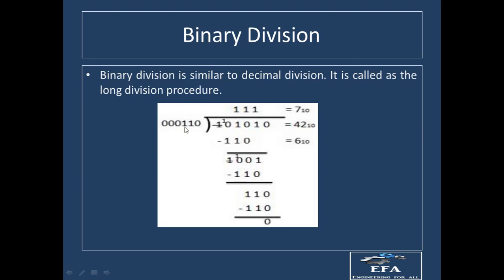Now you can see over here we are having 110, and before the first one we are having 3 zeros. Now when we are having 3 zeros coming before the first one, these zeros will not have any significance, so we can leave these zeros and we can take only 110 into consideration. Now the usable bits over here are 110 only, which are 3 in number.